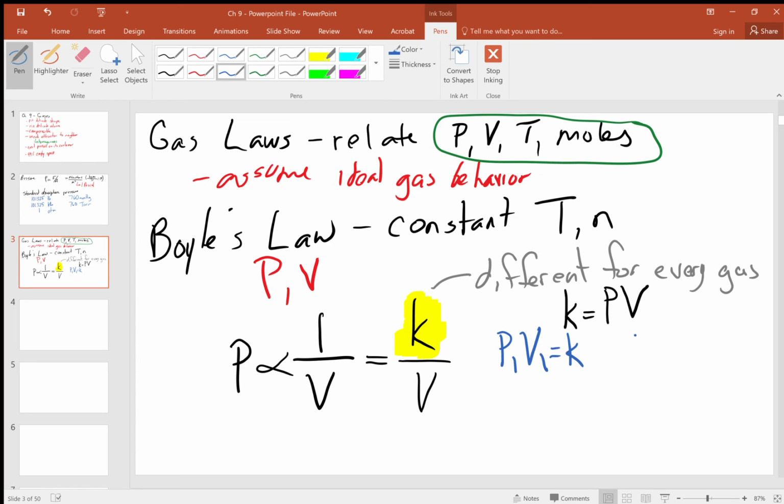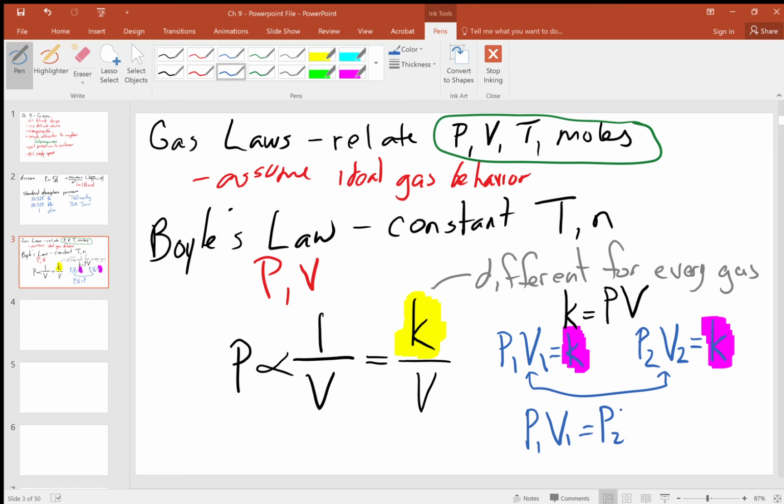So we have a new pressure, P2, at a new volume, V2. But because this is the same gas, the constant K doesn't change. And as long as we're talking about the same gas, which is what we assumed here to start, these two values of K are the same. So we can bring these together, and we can now say that P1 V1 equals P2 V2.